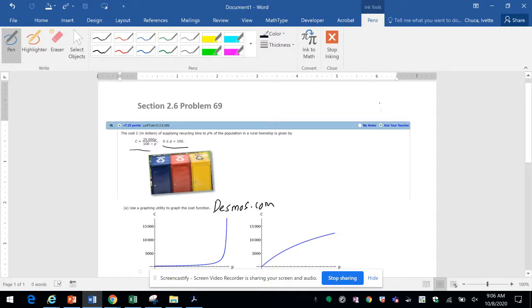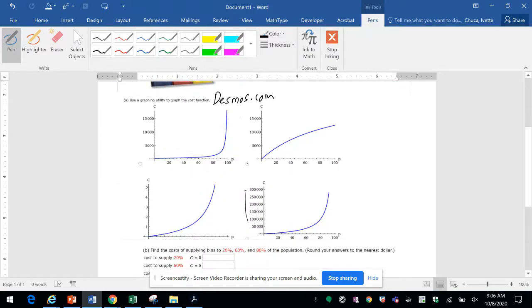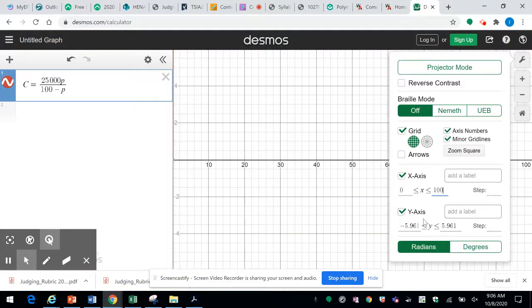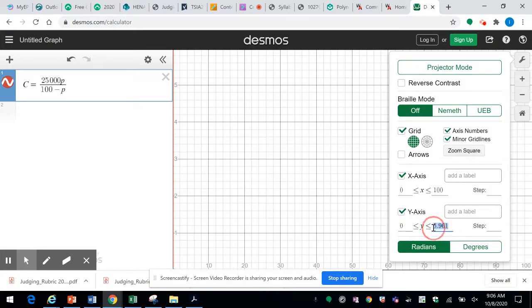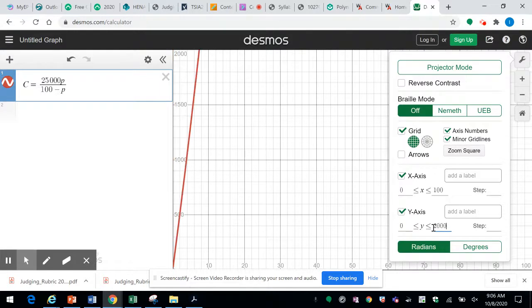And just by looking at these graphs, it looks like our c values or the y values are going to be pretty big. So I'm going to go ahead and put for the y from 0, maybe make it 20,000.